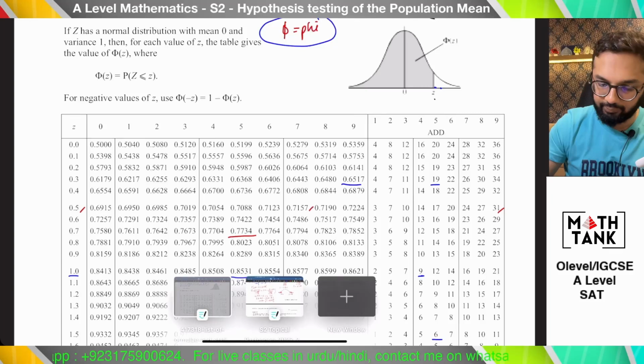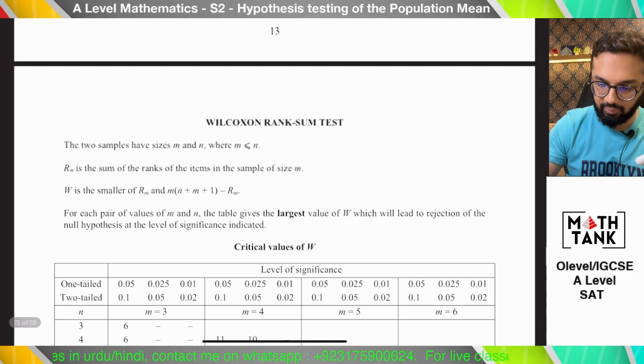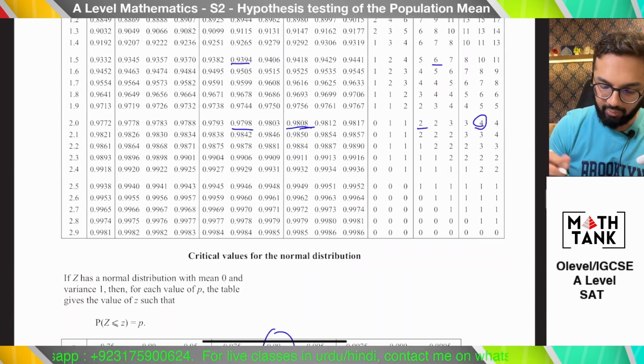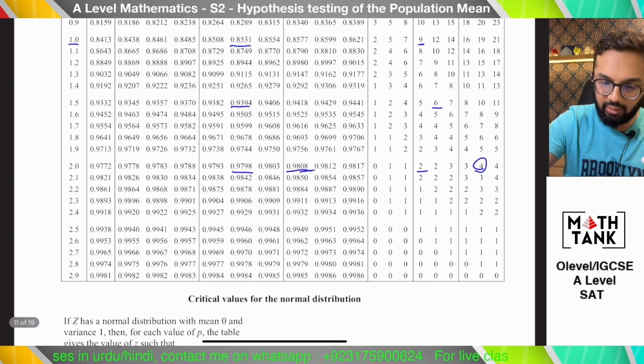2.891, a large number. Nine, okay, 0.9981.